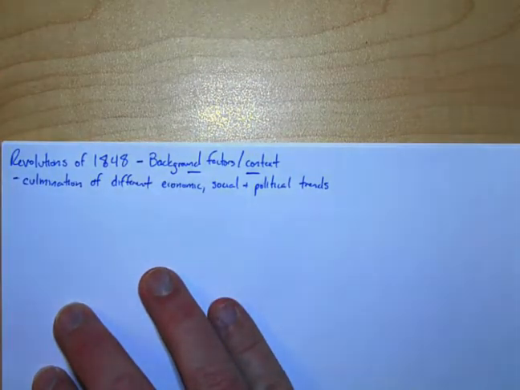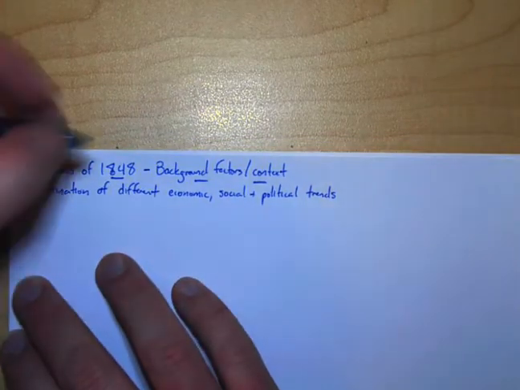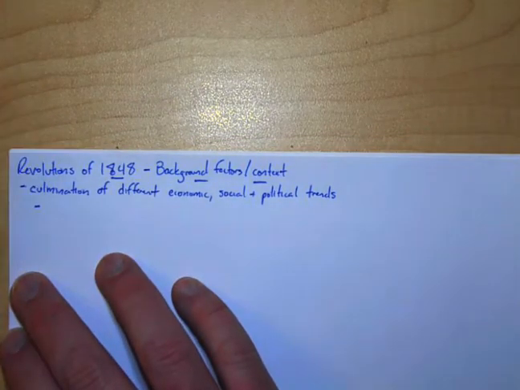A lot of the stuff we've been doing up to 1848, these ideas are all going to start to come together right here. And we're going to pick up the story of 1848 with the potato famine.